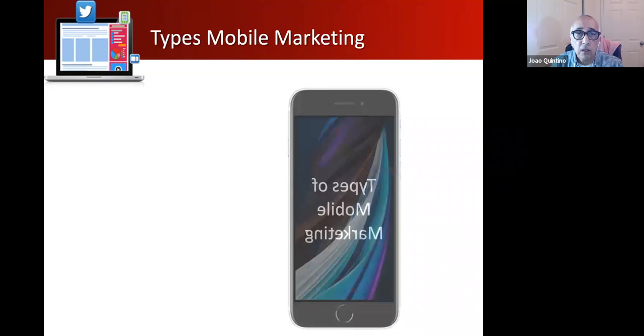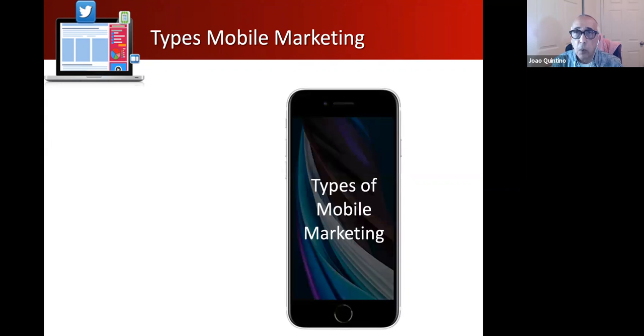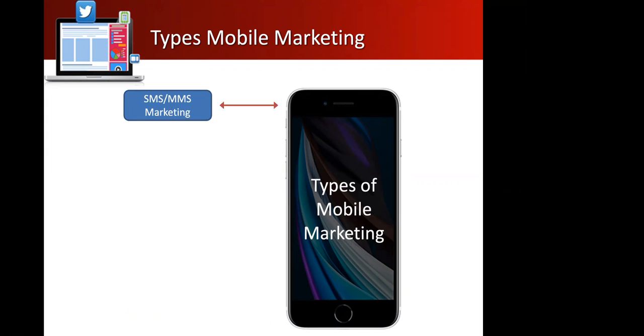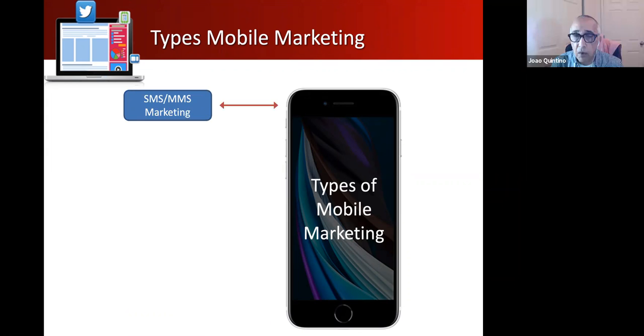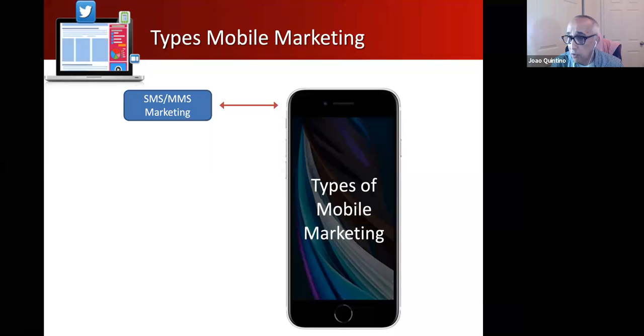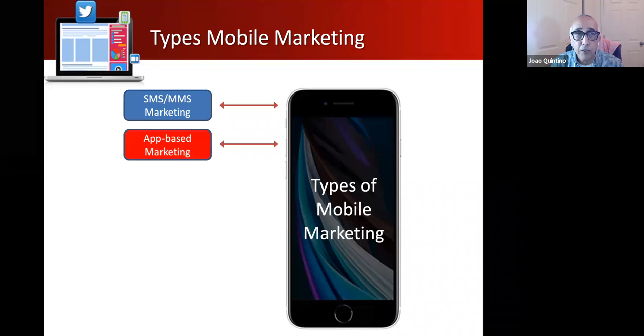So let's talk about the different types of mobile marketing that we can do. So we have CMS and MMS. I suppose you know what CMS means, I'll talk about that in a second. Then application.